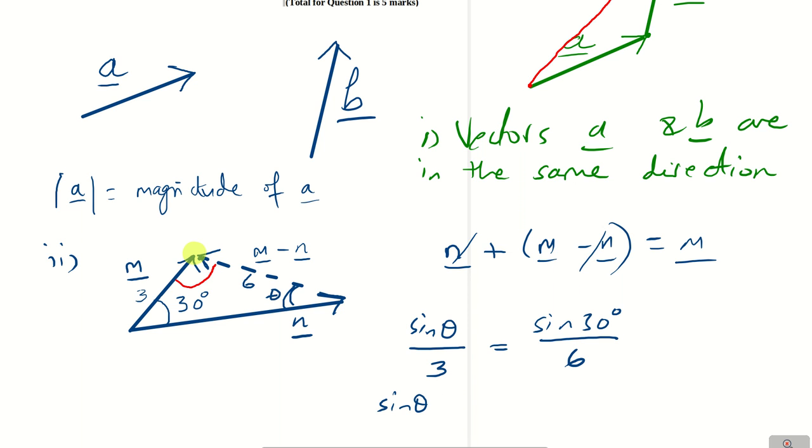So sine theta equals, now sine 30 is a half, so it's 3 over 6 times 2, which I think is 3 over 12, which is 0.25.